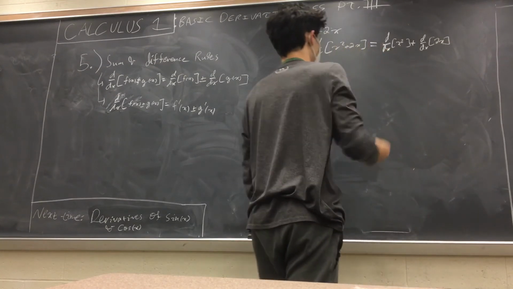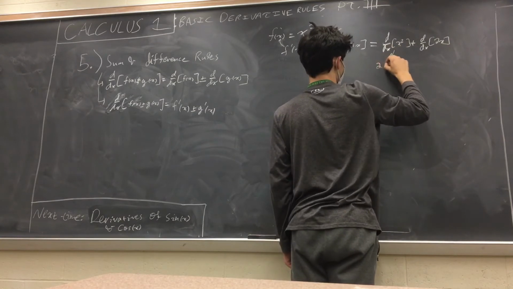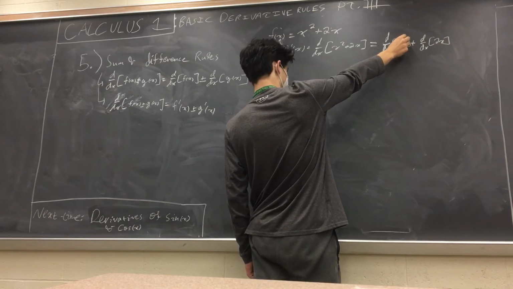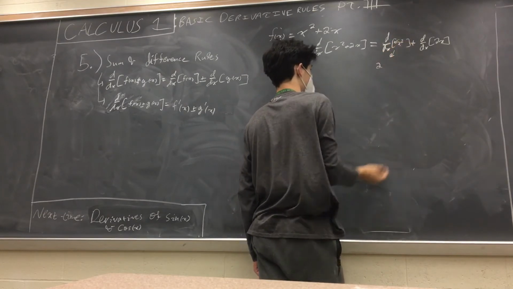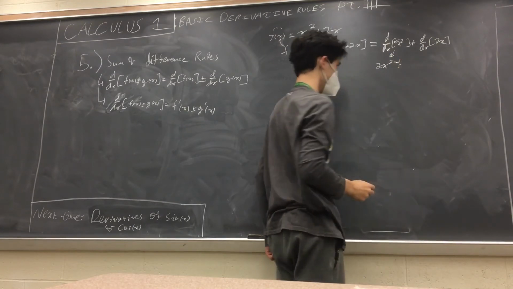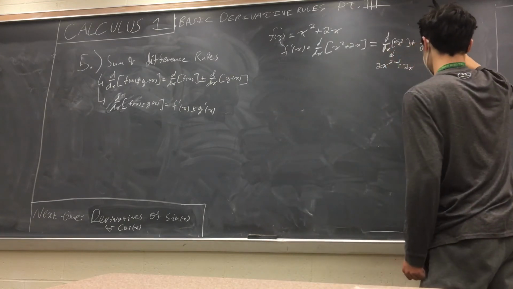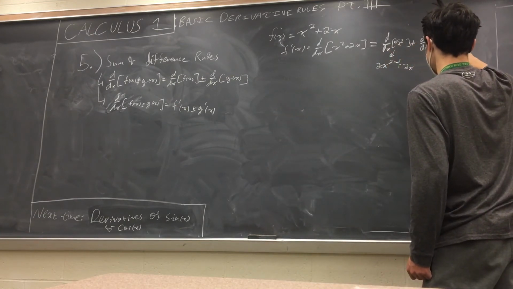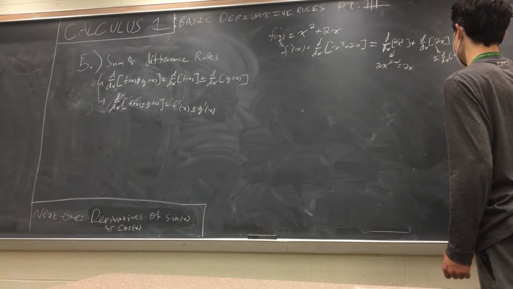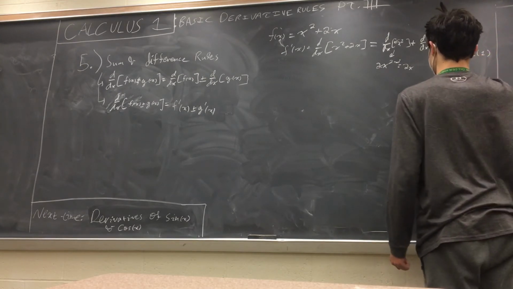For this first one, from the power rule, we know that this becomes 2, if we multiply the exponent by the coefficient, times x to the 2 minus 1, which is equal to 2x. And this part here becomes 2 times the derivative of x, which is equal to 2 times 1, which is equal to 2.